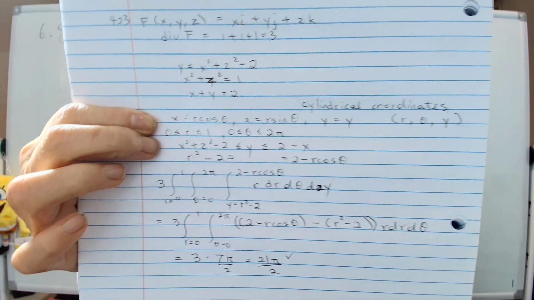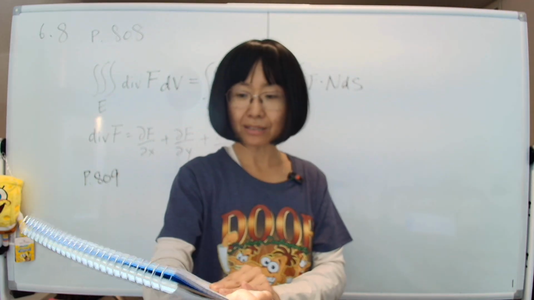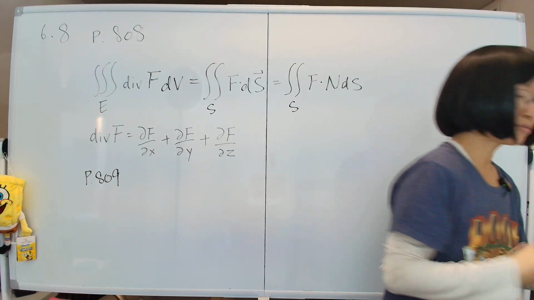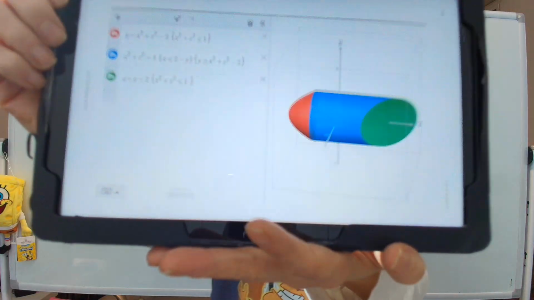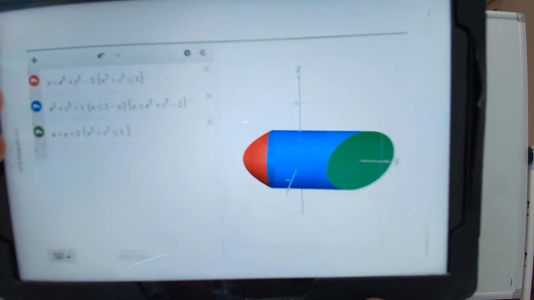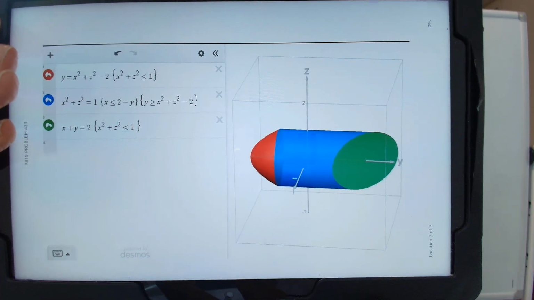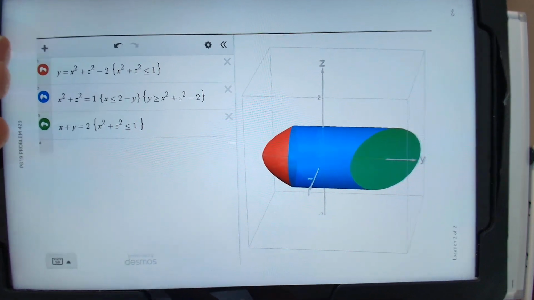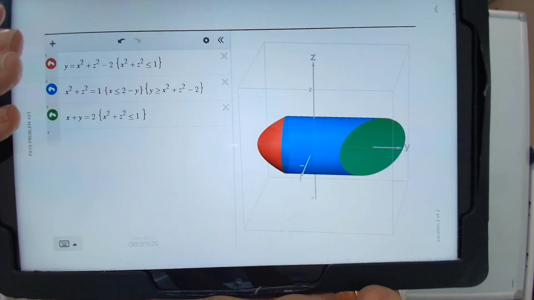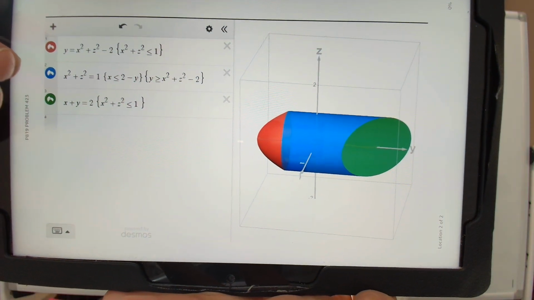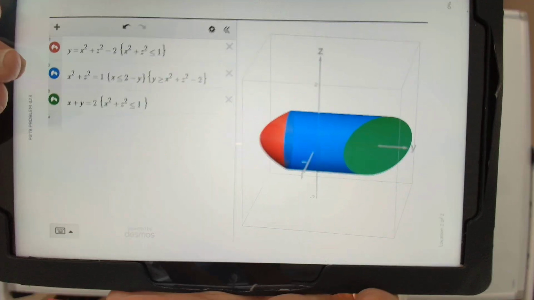Now to do that, when we look at it, what are the limits? The limits of integration for this will be, as you can see, if x and z is the new r cosine theta and r sine theta, then theta is going from 0 to 2 pi, and then r is going from 0 to 1, okay, because the cylinder has a radius of 1.